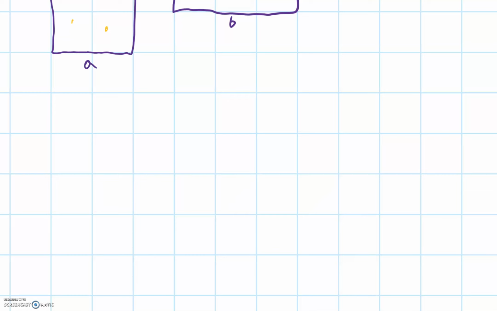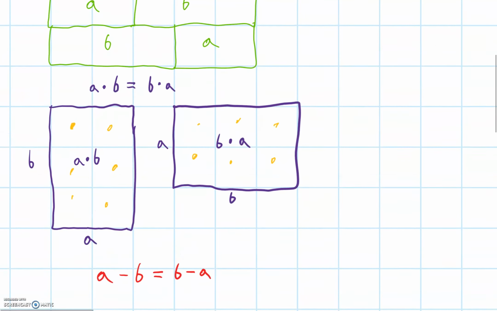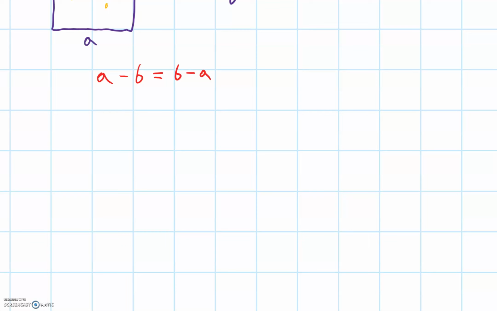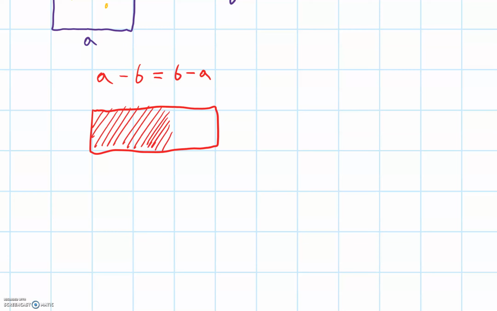So let's think about subtraction first. Is subtraction commutative? If we have A minus B, can we make that B minus A? And does that work every time? Well, let's think about, again, lines, just like we had before. So if A is 3 squares long, and we subtract B, which is 2 squares, well, all we are left with is 1 square.